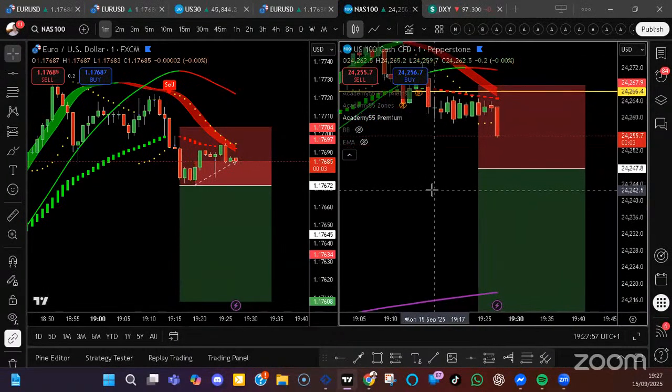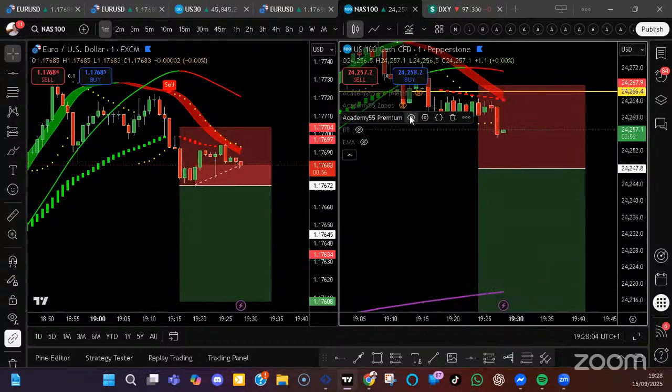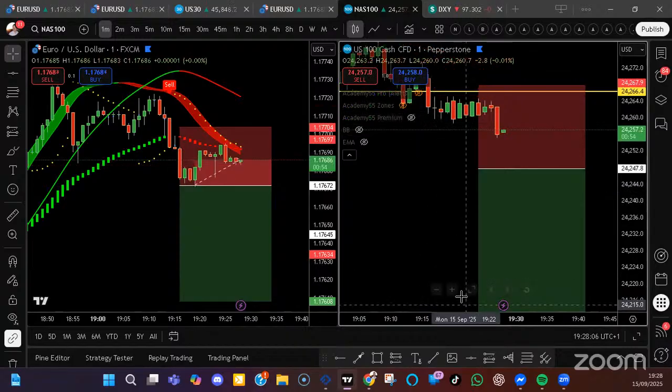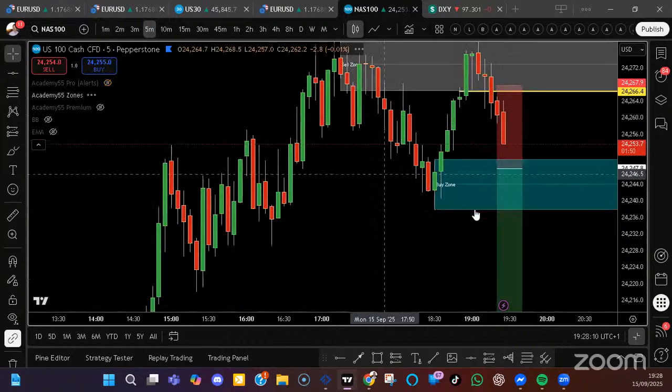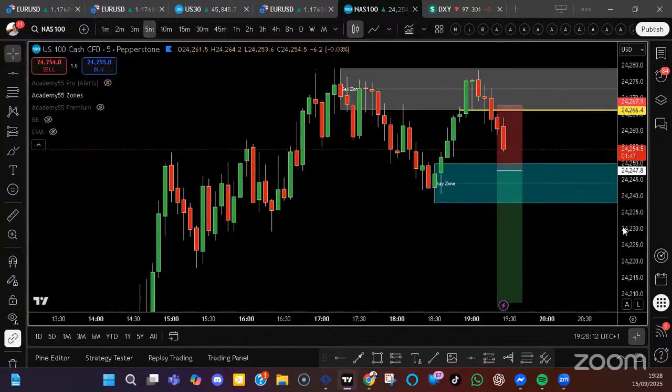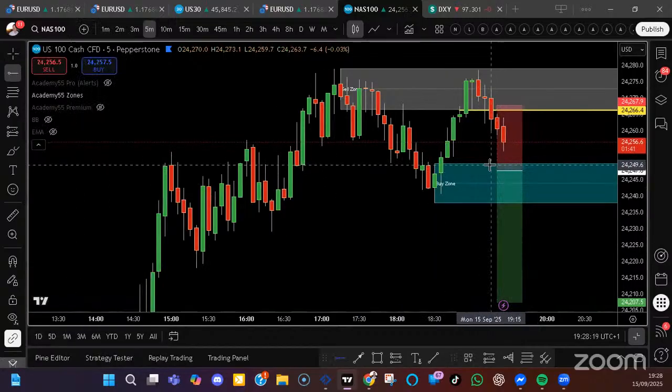Interesting. I'm just going to take this off here. Go on to this one to mark out the buy zone. Now the buy zone starts there.